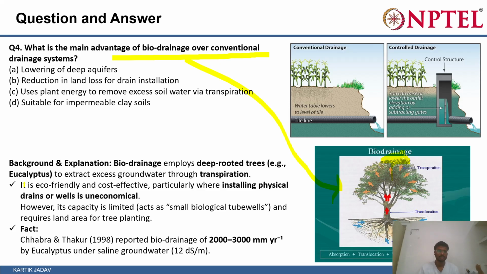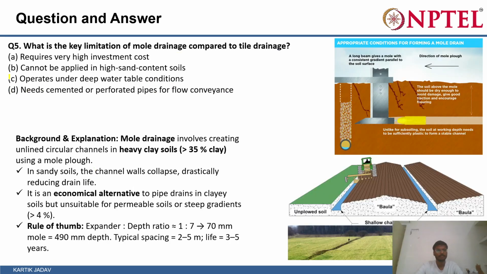Overall, the main advantage of biodrainage over a conventional drainage system is the use of plant energy to remove excess soil water via transpiration. There is no other energy required. So the correct answer is option C.